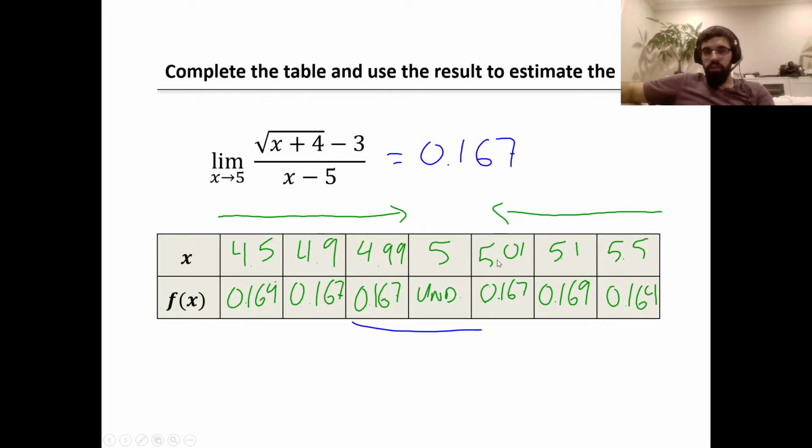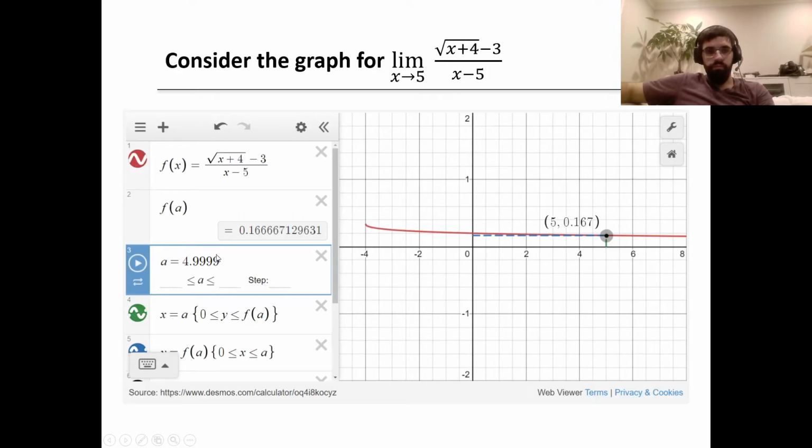From the right, we can plug in 5.5, 5.1, 5.01. For 5.5, our output is 0.164. 5.1 is 0.166. 5.01, 0.167.